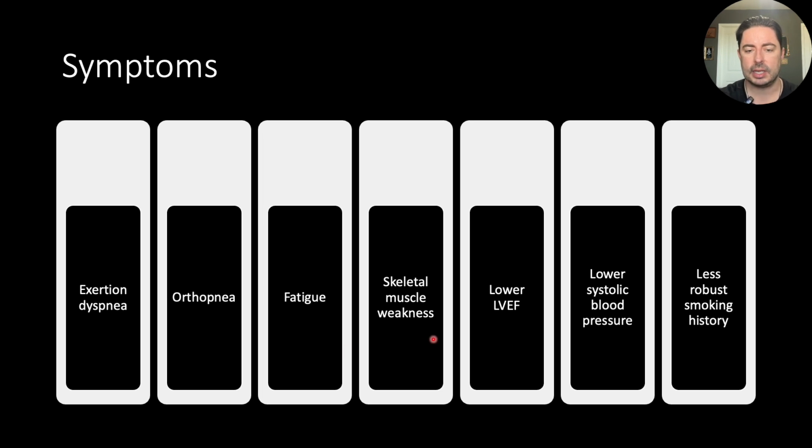We have skeletal muscle weakness. We have a lower left ventricular ejection fraction. You would have a lower systolic blood pressure and a less robust smoking history. So these patients don't necessarily have to have a smoking history to have this level of shortness of breath. So just some additional information there.